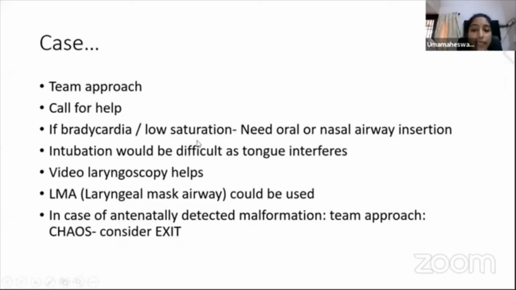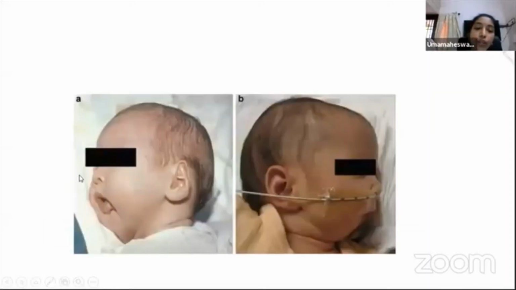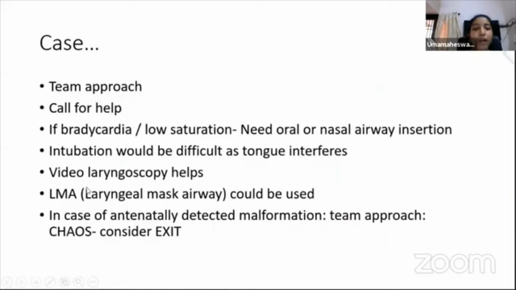If the baby is bradycardic, go for an oral or nasal airway insertion. Intubation would be difficult in these babies because the tongue would interfere. Videolaryngoscope can help, or LMA would help. If it is antenatally detected, one could consider EXIT therapy.